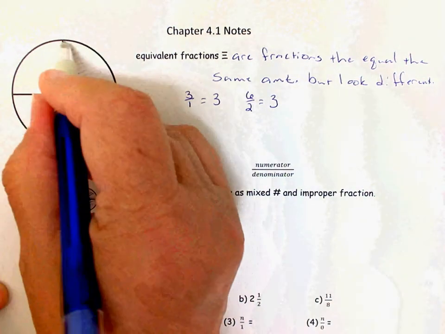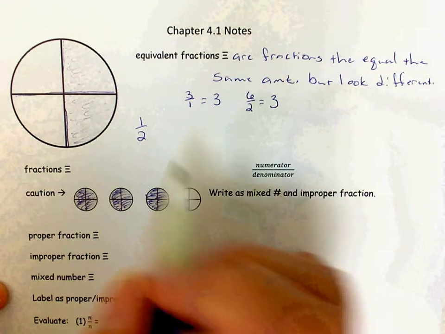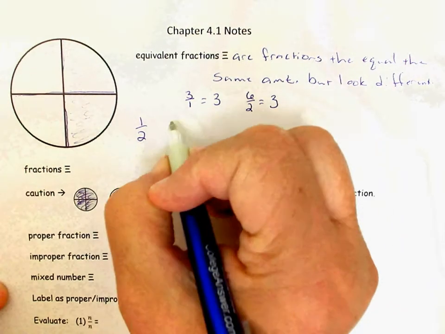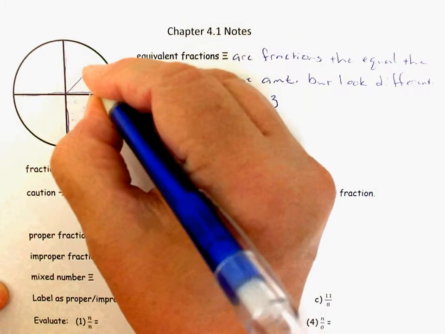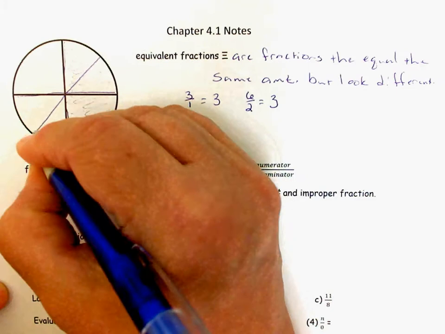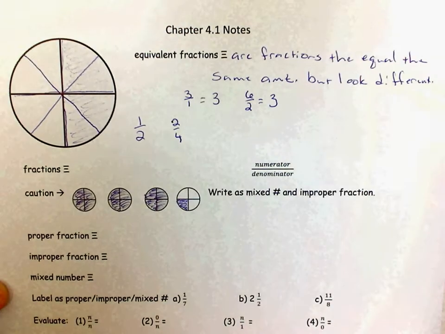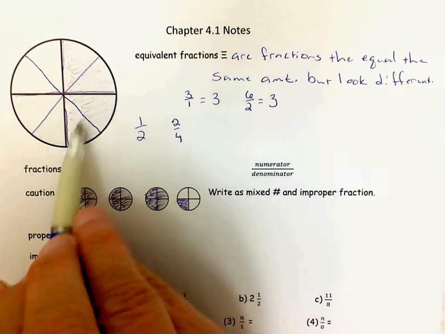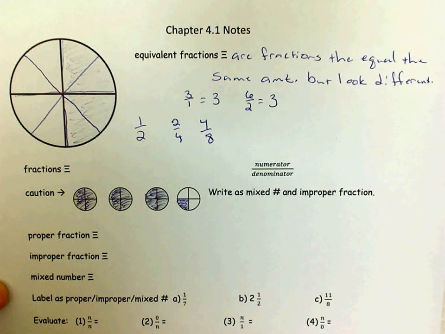Well, if it is actually split into 4 pieces, then you ate 2 out of 4 pieces. Well, what if my pizza happened to be split equally into 8 pieces? Well, then you ate 4 out of 8 pieces.